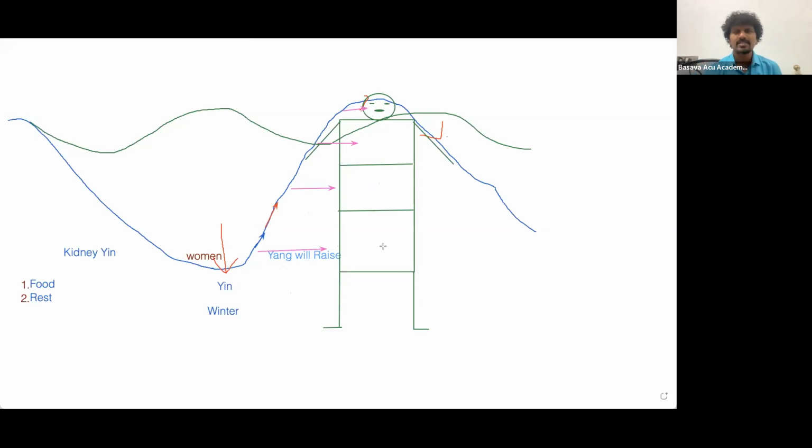This yang is rising in the lower warmer. Who is there in the lower warmer? Kidney and urinary bladder, small intestine, large intestine, and all gynecological and reproductive organs.